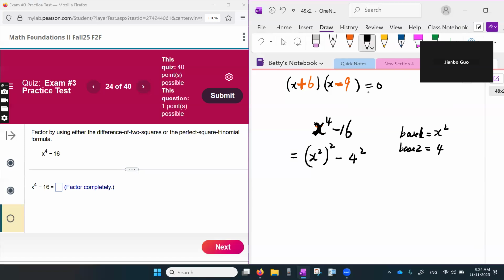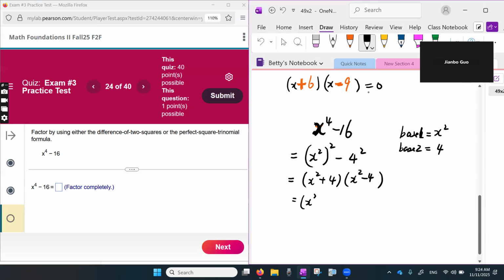When you factor a binomial that is the difference of two squares, first base x squared, second base 4, we're able to factor this difference of two squares as parentheses times parentheses: base 1 plus base 2, base 1 minus base 2.